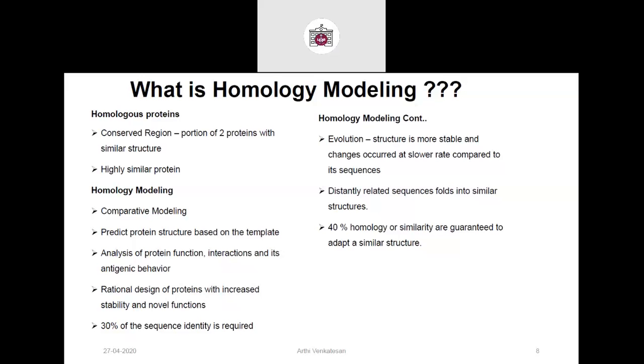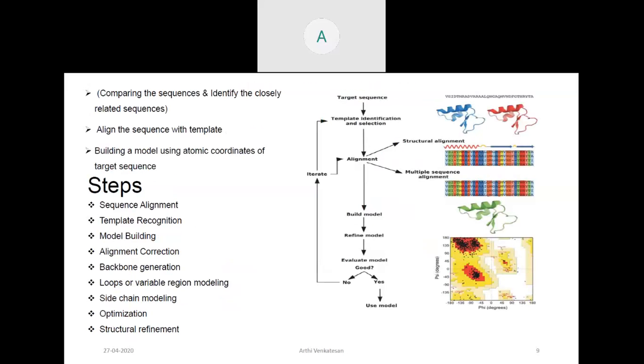So the next thing is how you are going to build a model and align it. That is the biggest task. We know the steps of the X-ray crystallography method and how to deposit the structure.